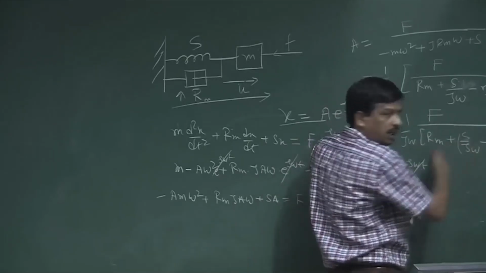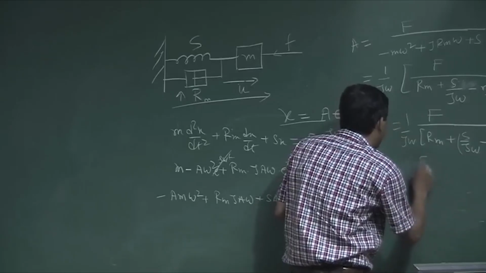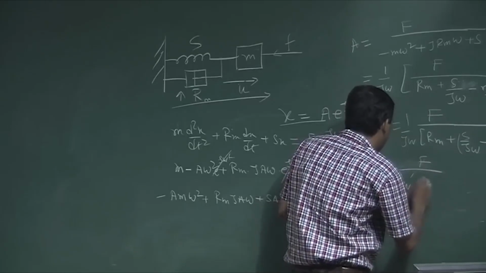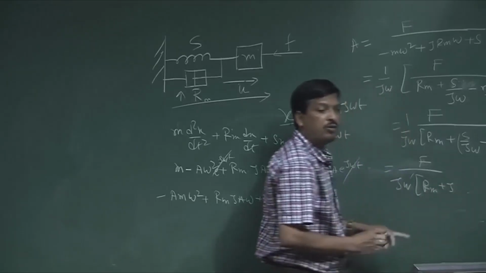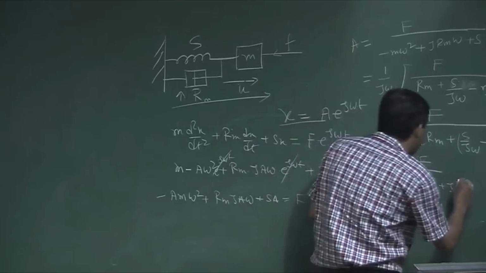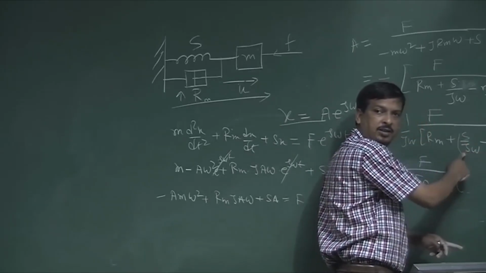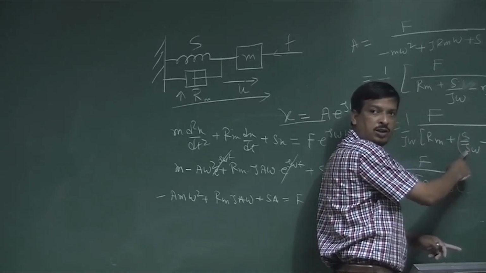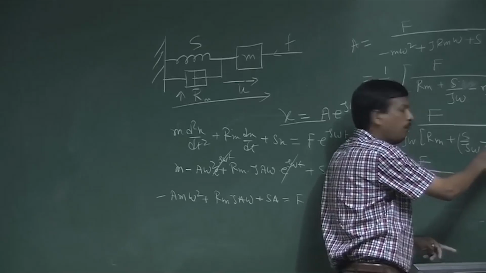Since I have to take the j outside, so it is f by j omega, r m plus, j outside. I am multiplying both by j. So j square means minus 1, and here j square means minus 1, so it will be plus 1.